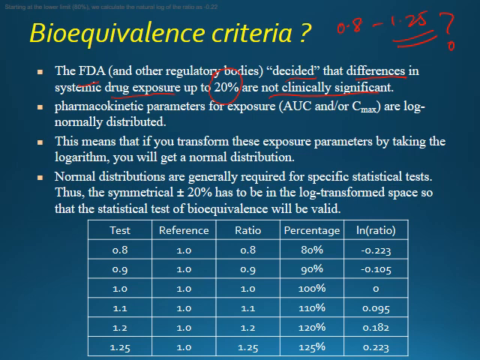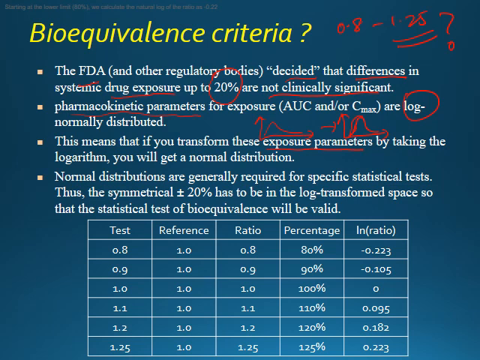Because pharmacokinetic parameters are actually not normally distributed. They are normally distributed only when they are in the log value. So when you transform the exposure parameters, AUC and Cmax, the non-normal curve will turn into a normal distribution.